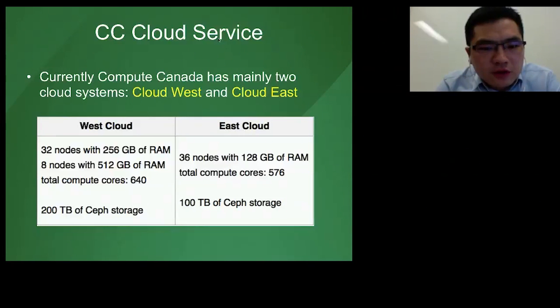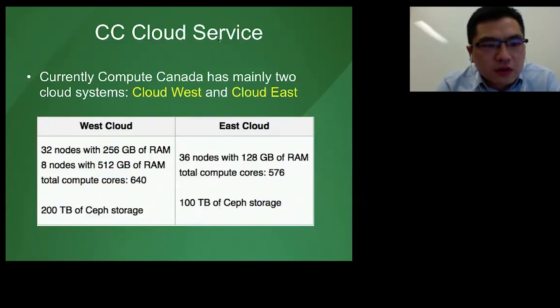As I already introduced, there will be a big cloud system, GP1, in Victoria. But now we already have 2 systems providing cloud services for users. They are Cloud West and Cloud East. Cloud West is in Victoria, and Cloud East is in University of Sherbrooke.